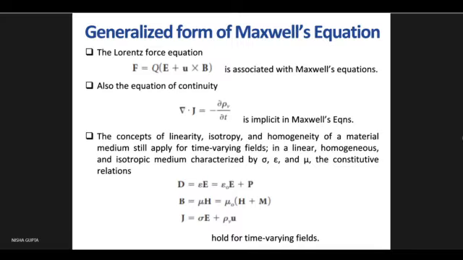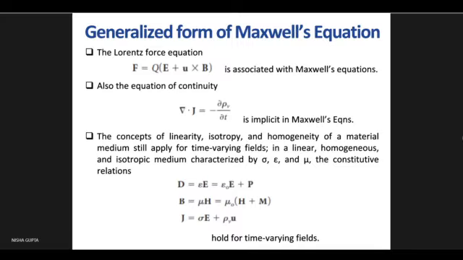Now, isotropic. What is an isotropic medium? A medium which has the same value in all directions. Suppose epsilon x, the value of epsilon in the x direction, the value of epsilon in the y direction, the value of epsilon in the z direction, or the value of epsilon in any other direction.